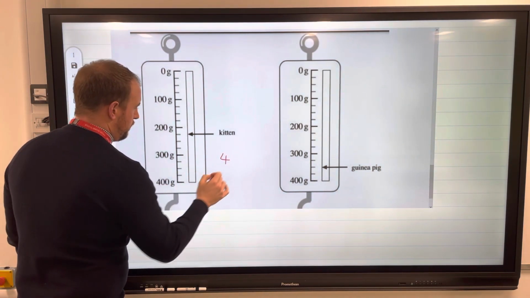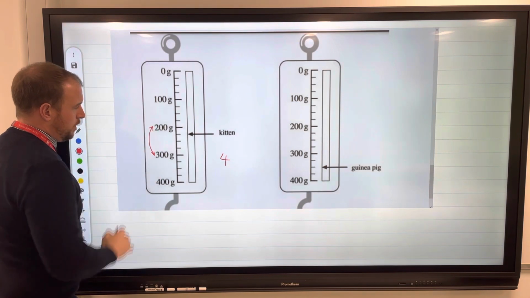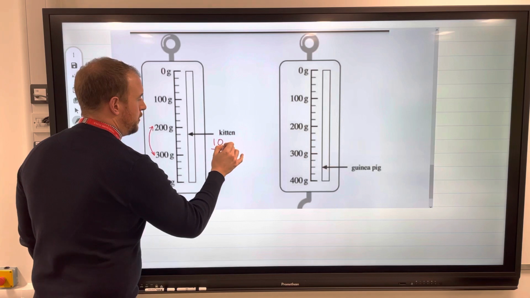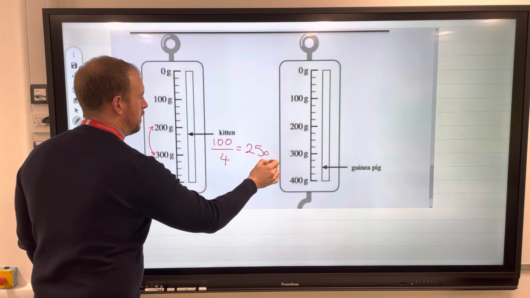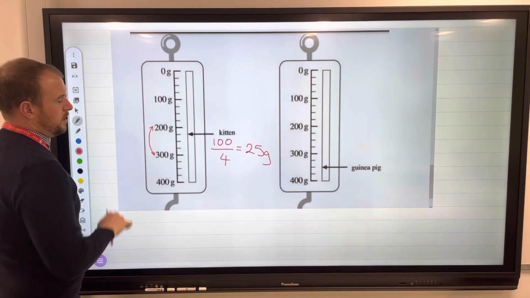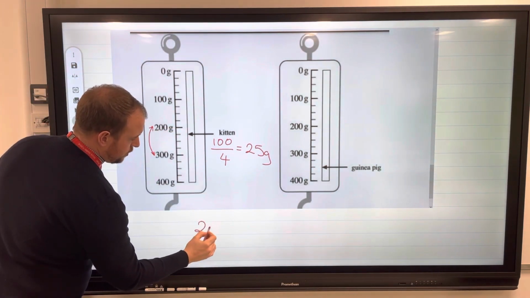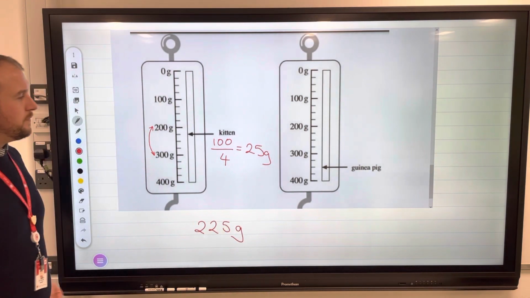But that's 4 gaps between 200 grams and 300 grams, which is 100. 100 divided by 4 is 25. So then 225 would be the mass of the kitten, 225 grams.